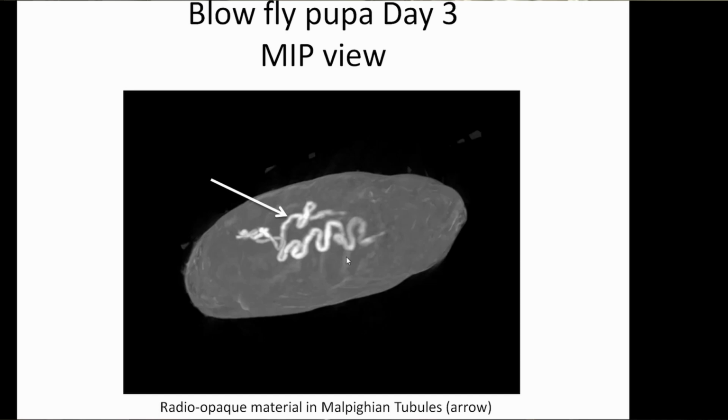And I want you to notice these densely white lesions here, which you'll see in a moment, are showing up white because they are the kidneys, the Malpighian tubules of the fly. The fly almost certainly has been fed excessive amounts of calcium by the manufacturers of the angler's pupa, and this is filled with calcium salts.